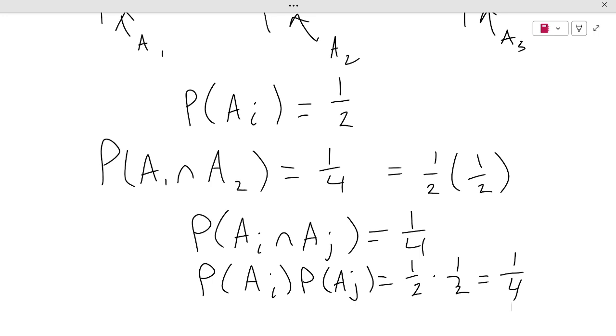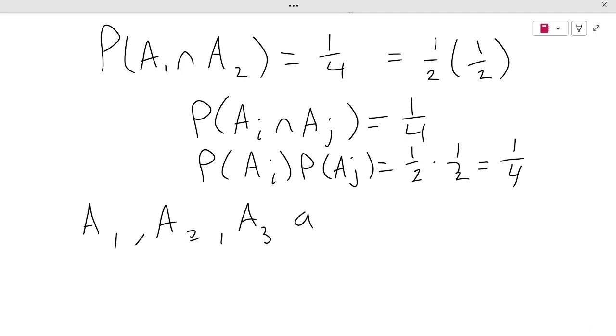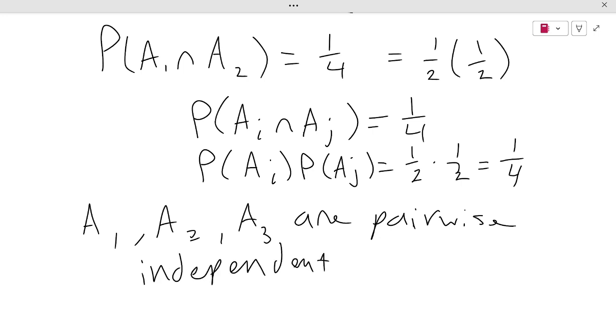Let me write that actually formally. So A1, A2, A3 are pairwise independent.